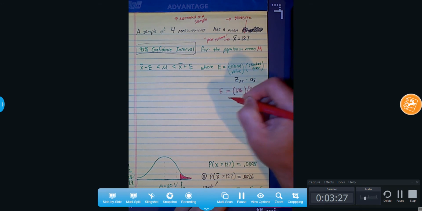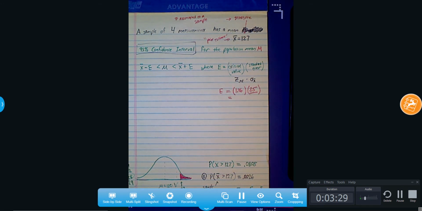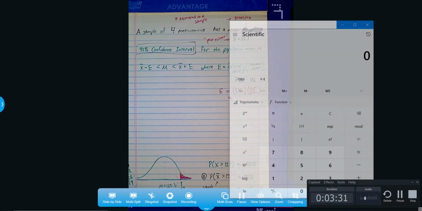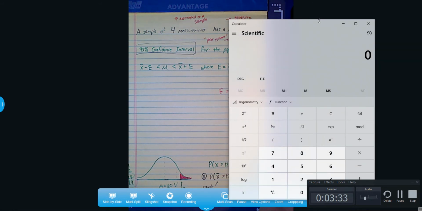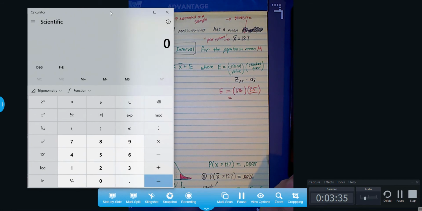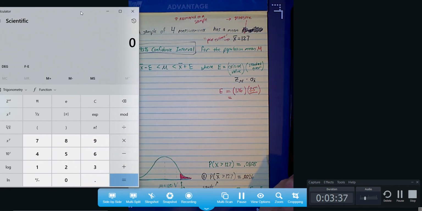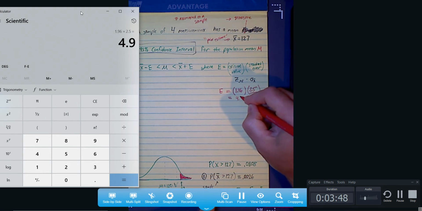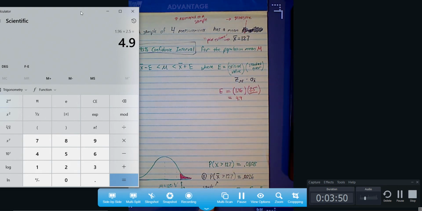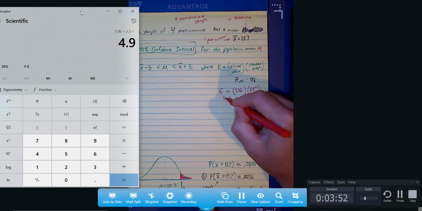So we can compute the margin of error. Get out a calculator here, and we will go ahead and work out that margin of error. So if I take 1.96 times 2.5, I get 4.9. Okay, so that's the margin of error.